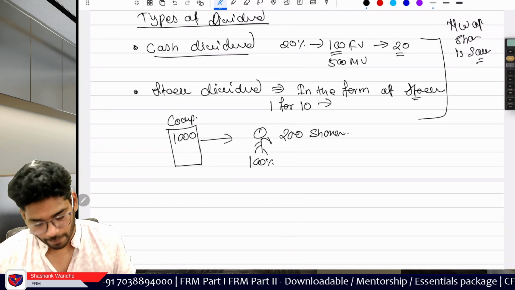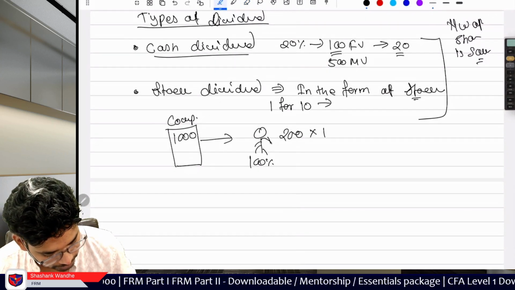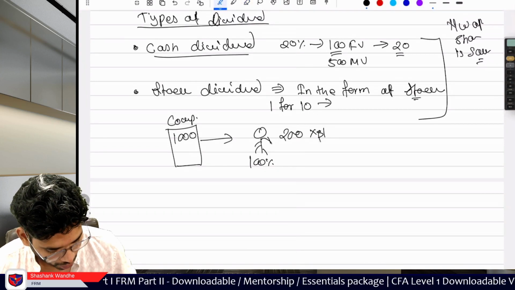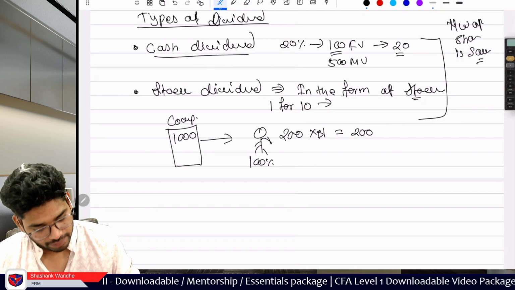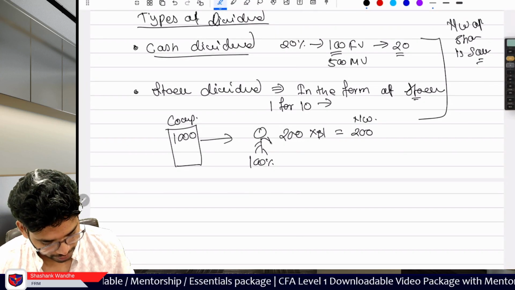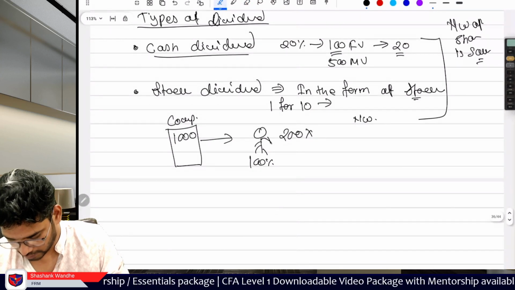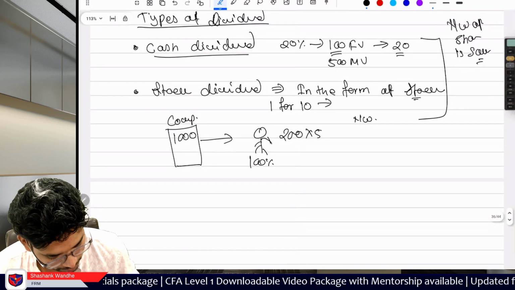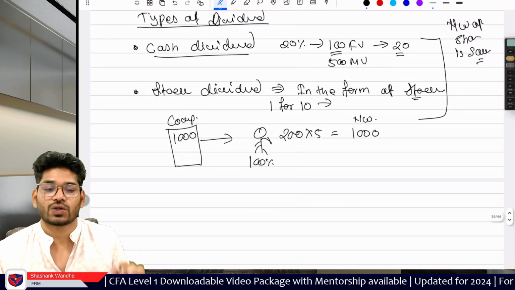Now, each share is worth 5. So your total net worth is 1000.